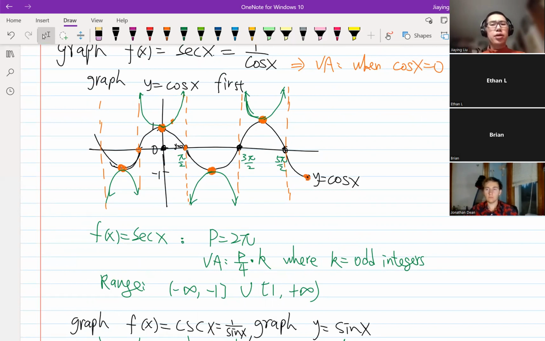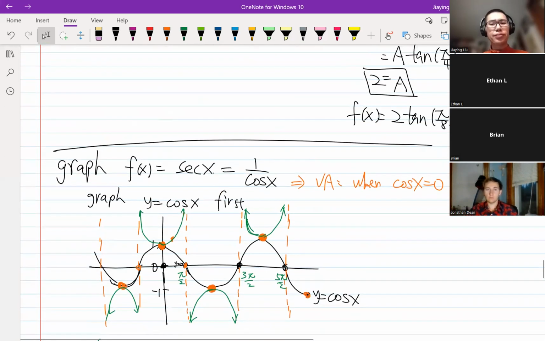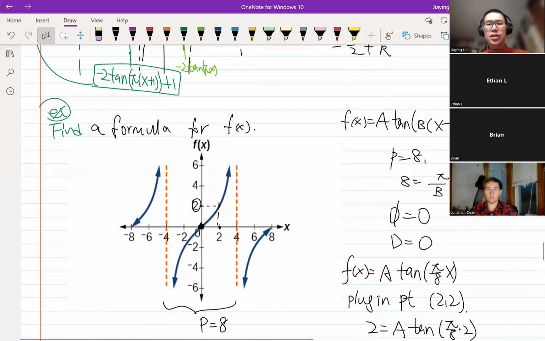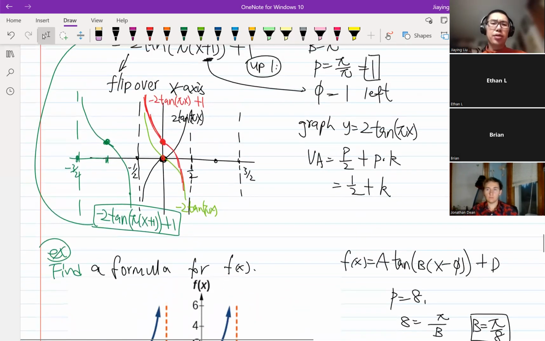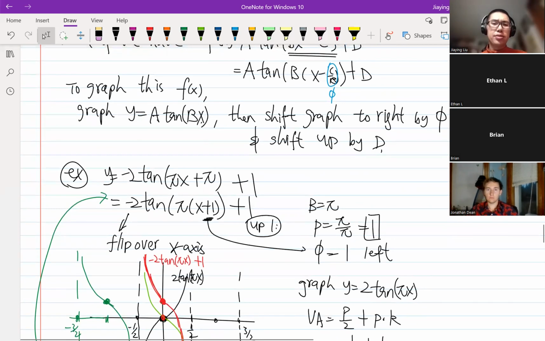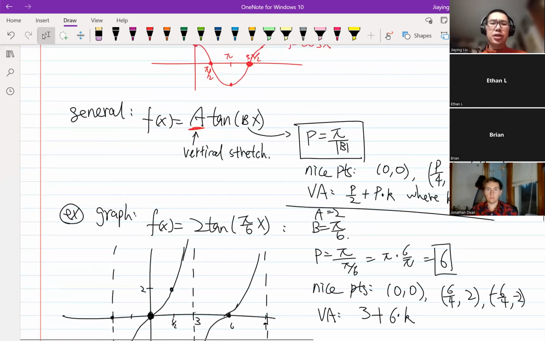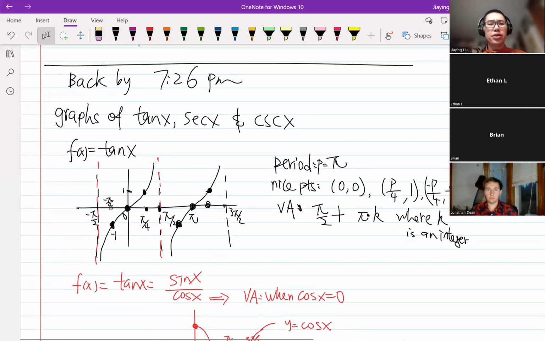Even if you forget the formula to find the vertical asymptote, if you can graph them quickly using cosine and sine, then you can find the vertical asymptote. And the tangent you have to know. And the same thing with sine and cosine, mostly the sine and cosine functions.